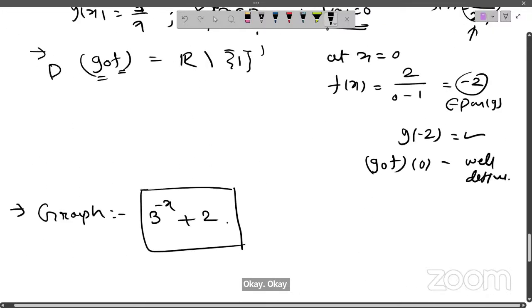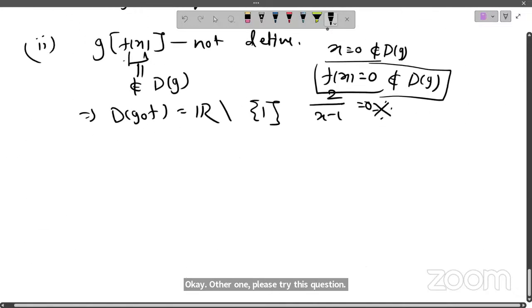Other one, please try this question: 3 to the power minus x plus 2.